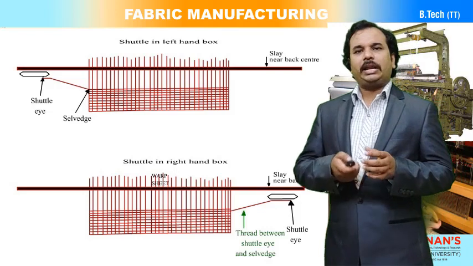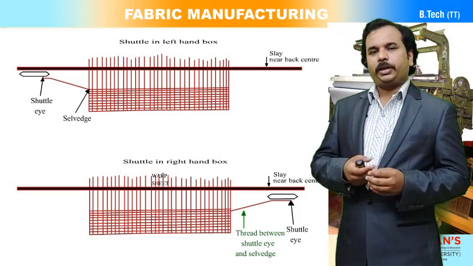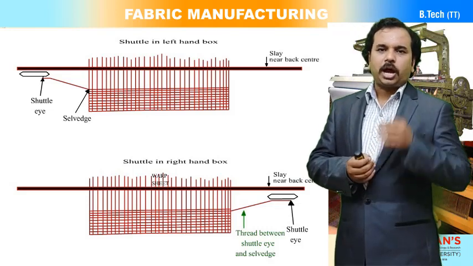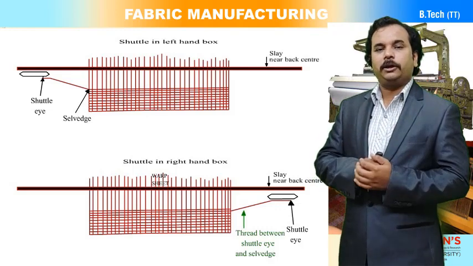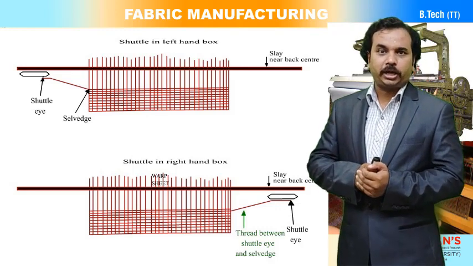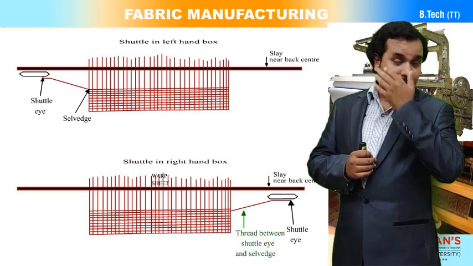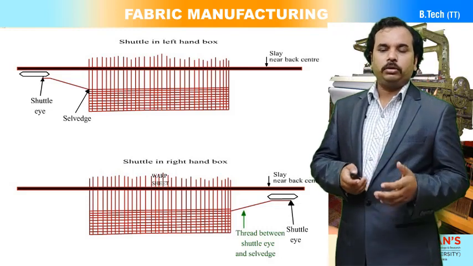Along with that, the pirn changing mechanism is required, again an additional cost, and we require an additional worker to place the pirns in the magazine of the pirn changing mechanism. So this is one of the drawbacks. Manpower wages are going to be more.